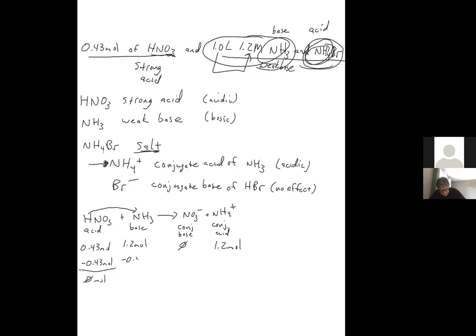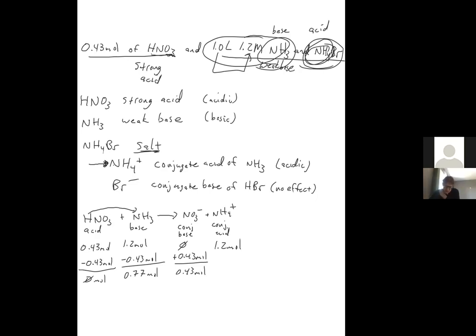Minus 0.43. So that's 1.2 minus 0.43, which would be 0.77. Okay. This one is going to go up to 0.43 mole.